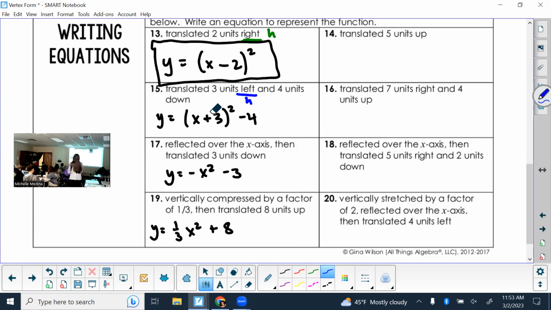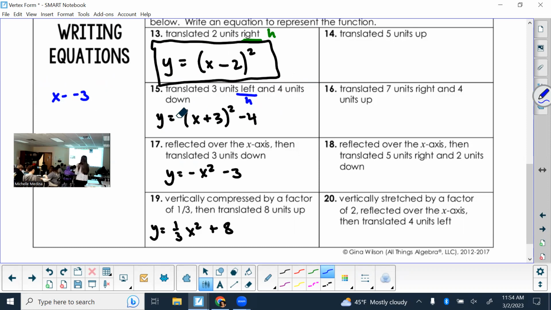Really what we plugged in for it to become plus was a -3, right? Because normally in the equation it's X minus H, and that's why it became plus. So -H being plugged in moves it left. And then K moves it up or down, so that one is easy. It just matches the sign. If it's going down, it goes negative. So questions on 15?